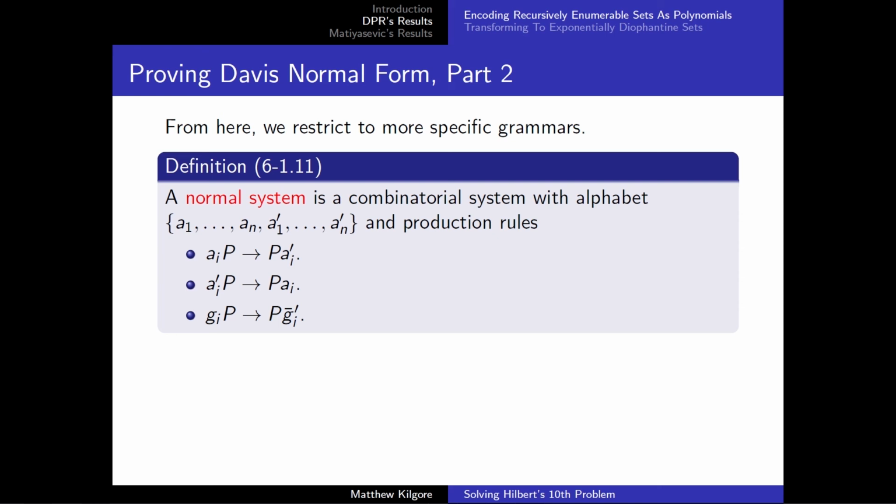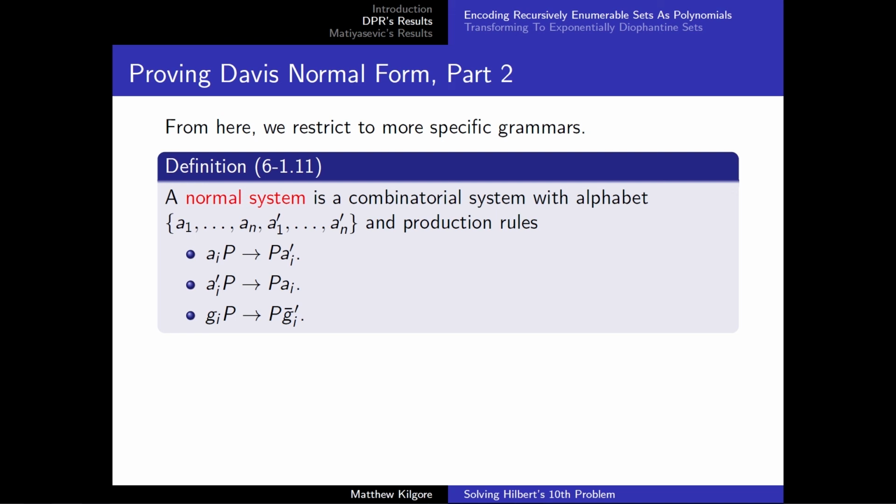Later on, he will refer to normal systems without the prime alphabet. I'm pretty sure they're equivalent, however. Now, this is again annoyingly cumbersome, thanks to the book's bizarre writing style.